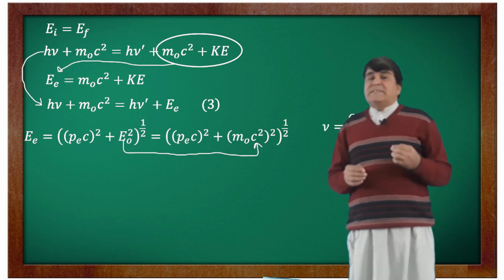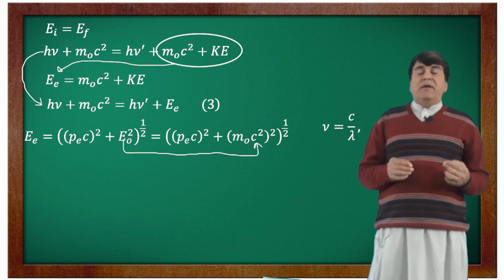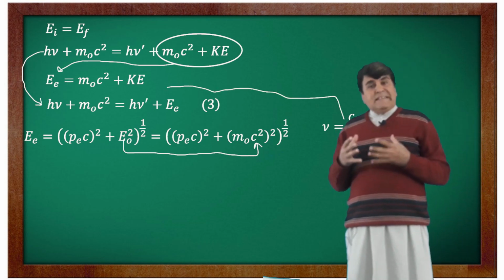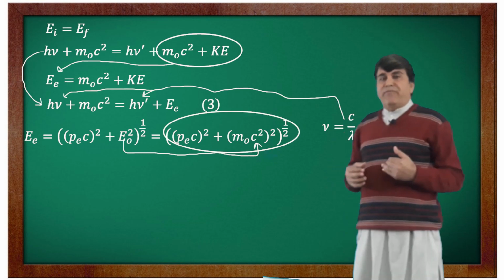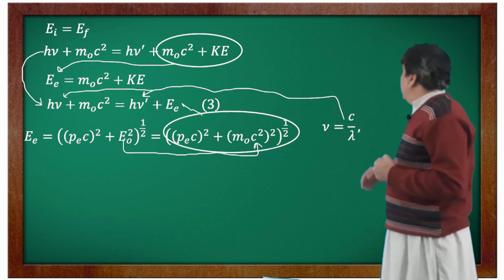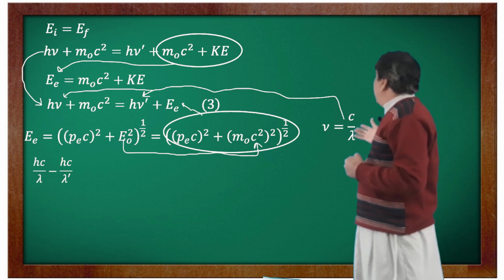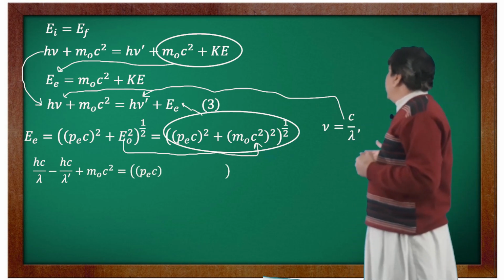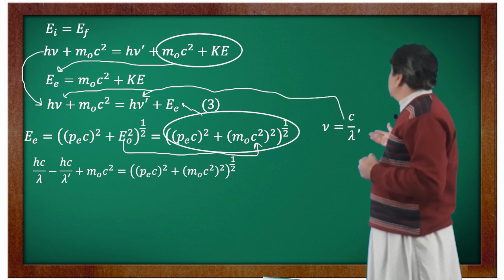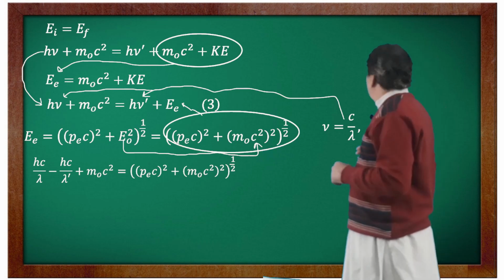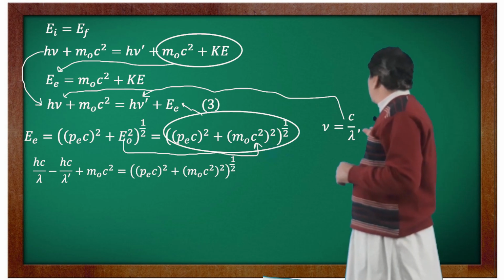Also, nu equals c divided by lambda. Substituting these values, equation 3 can be rewritten into the form hc divided by lambda minus hc divided by lambda prime plus m naught c square equals the square root of (p sub e c) whole square plus (m naught c square) whole square.